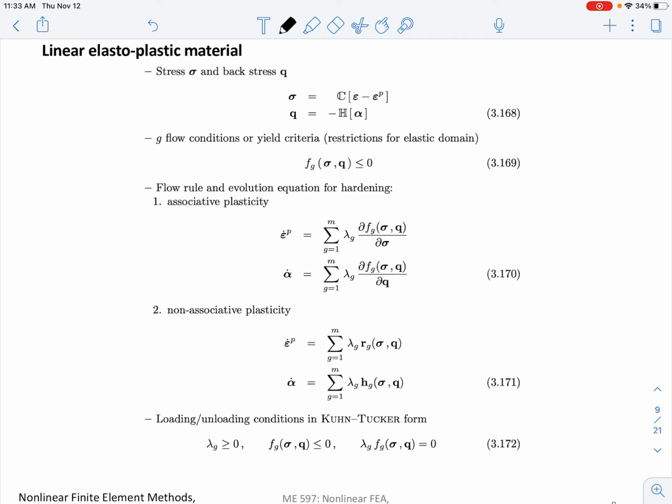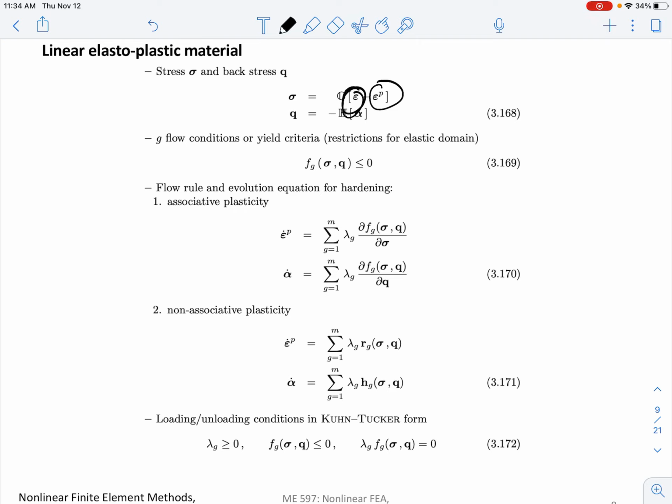Is same thing as before. We have some ODE that represents either for the associative plasticity or non-associative plasticity. Regardless, basically you get a rate equation for the plasticity. So typically what we'll have is, once we discretize this, what we will know is we have some value of the plastic strains from the previous time step, and then we will have a guess for the total strains for this time step.